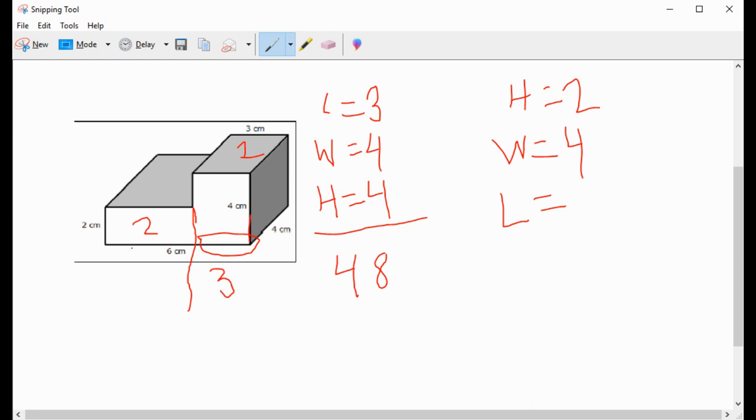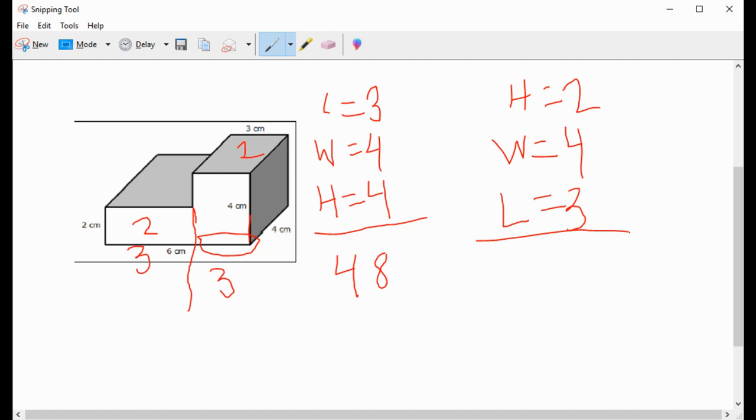If this total length was 6, and I've already used 3, that means that this section over here also must be equivalent to 3, because this section of 3 centimeters and this section of 3 centimeters is going to give me this total length of 6 centimeters. Now, I know that gets confusing, but if you draw this out and you sketch it, it will make a lot more sense to you.